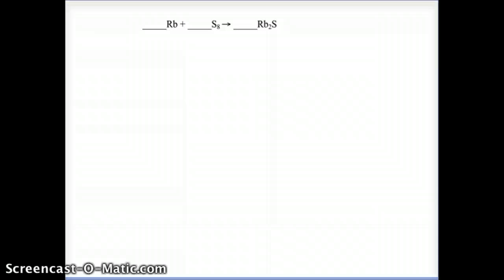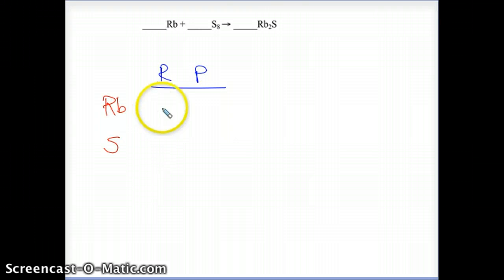So look at the next one. Okay, so let's go through. Metals. I have rubidium and sulfur. Well, what do you know? I just have the two things. So let's look at this. I have rubidium, reactants, products. I have 1 in the reactants. I have 2 in the products. So I'm going to balance that. Sulfur.